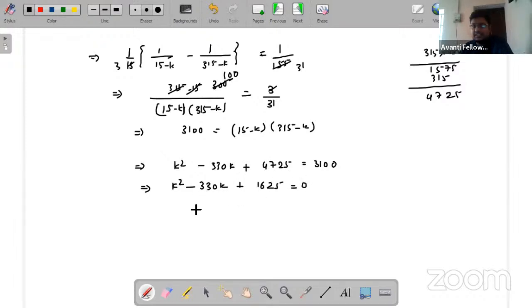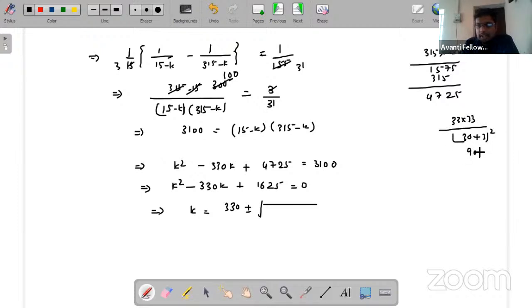Now we can solve easily using Dharacharya method, right? Or the quadratic formula, we can say. So we'll be getting k is equal to 330 plus minus square root of b square minus 4ac. So 33 into 33 we have to do, so basically 30 plus 3 whole square.